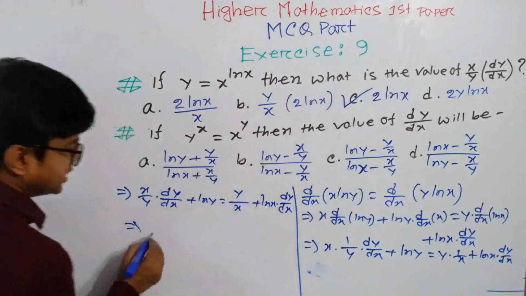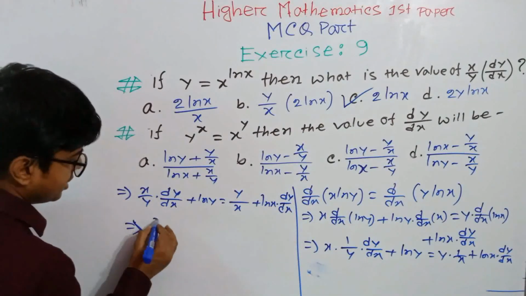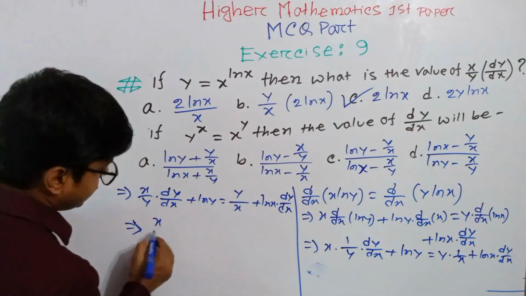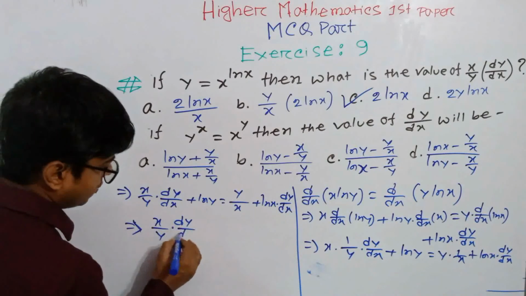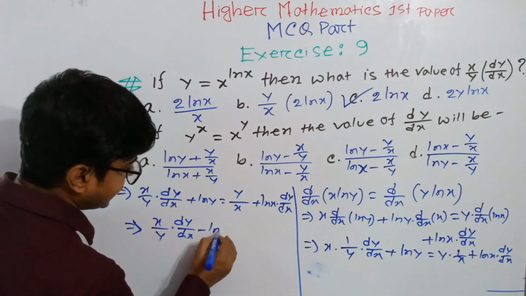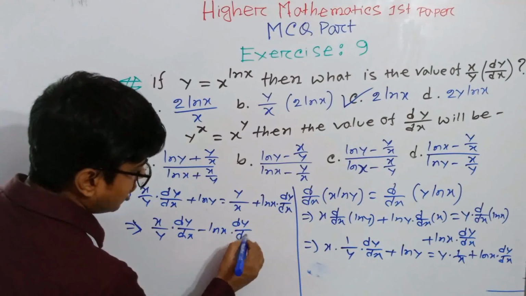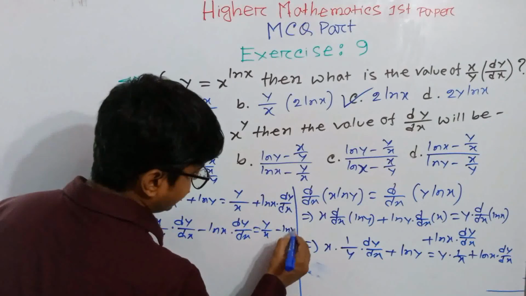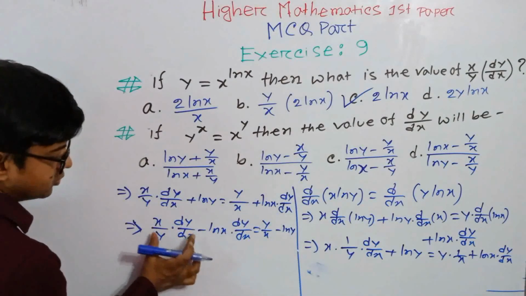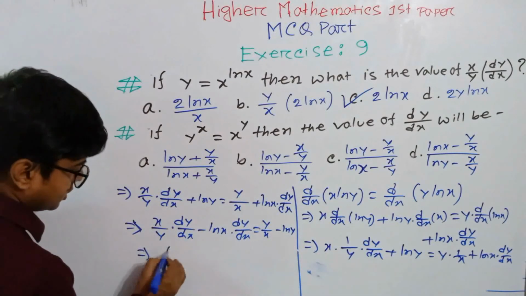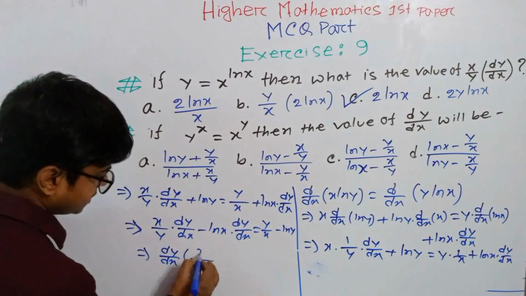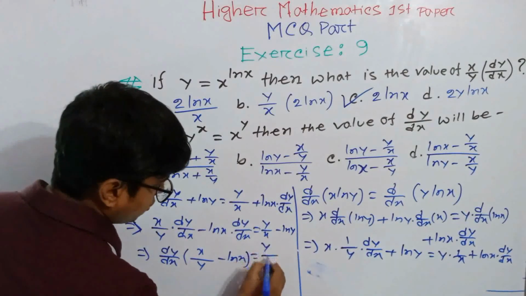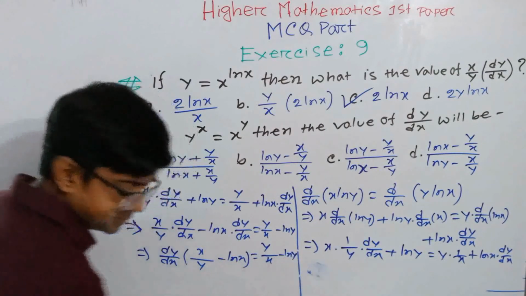Now changing sides, it will be x by y dy/dx minus ln x into dy/dx equals y by x minus ln y. Now we can take dy/dx common from these two parts, so dy/dx of (x by y minus ln x) equals y by x minus ln y.